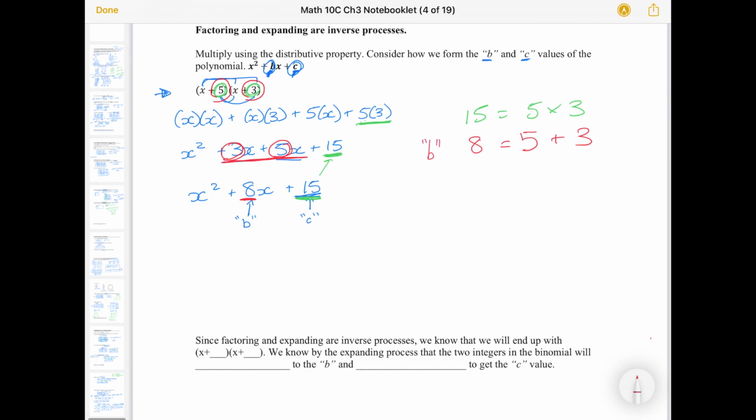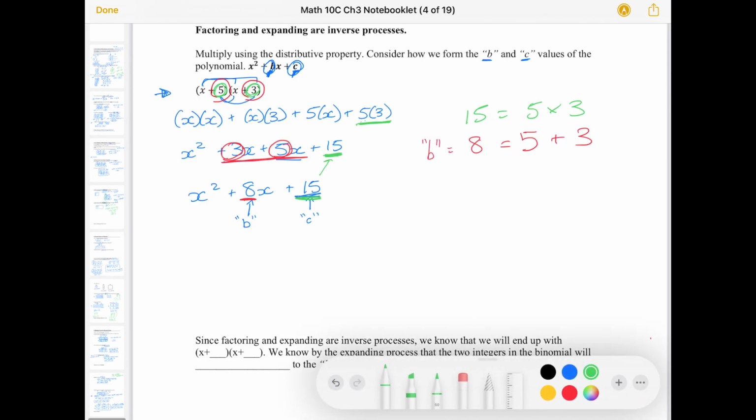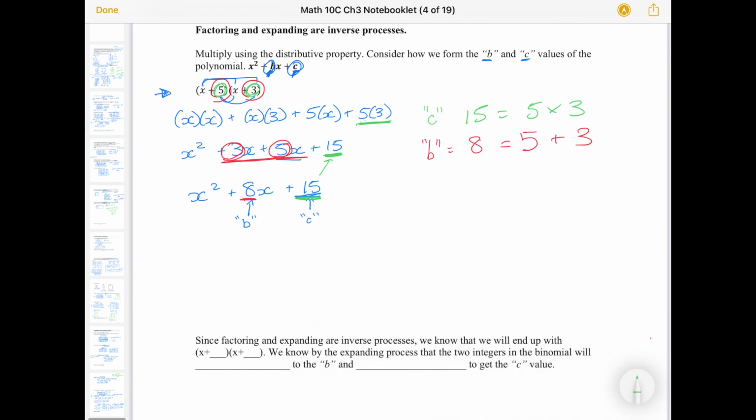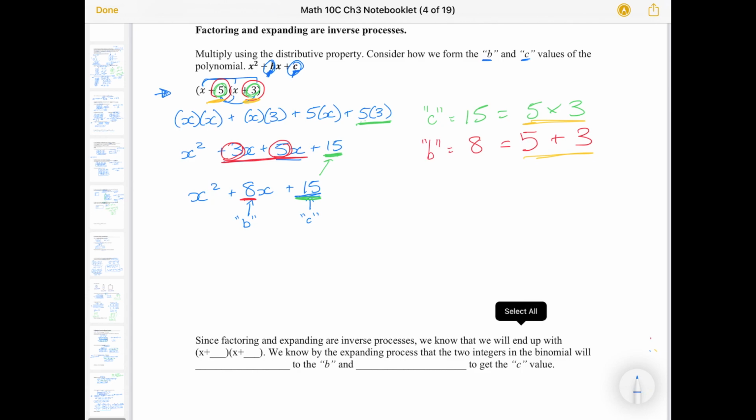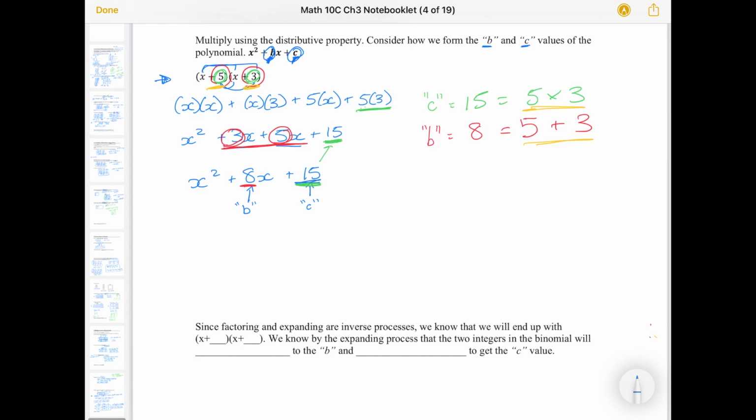My b term, which is 8, and my c term, which is 15. Right? Notice how similar they are. This is 5 times 3, 5 plus 3, my 5's here, my 3's here. So what this means, since factoring and expanding are inverse processes, we know that we will end up with x plus a number times x plus a number.